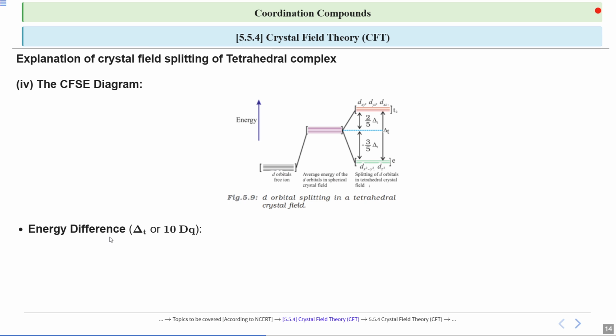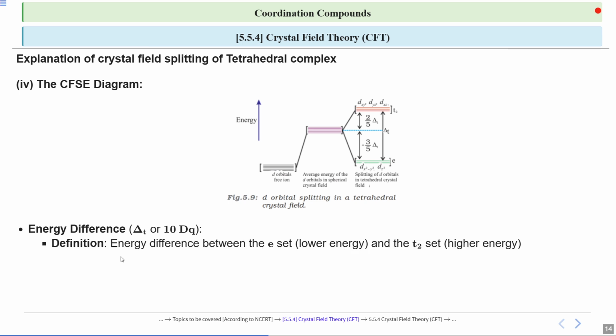The energy difference, delta T or 10 dq, is defined as the energy difference between the E set, which is lower in energy here, and the T2 set, which is higher in energy.